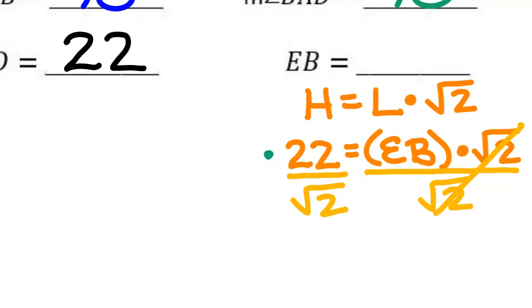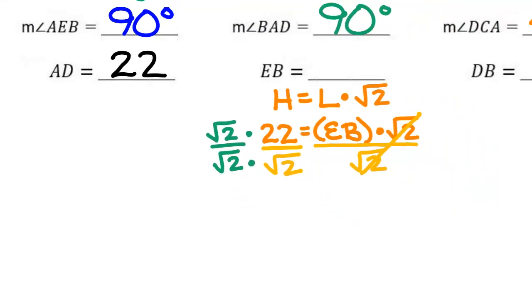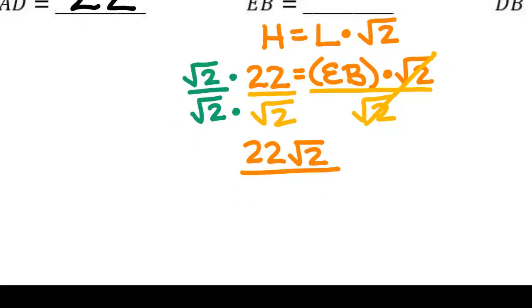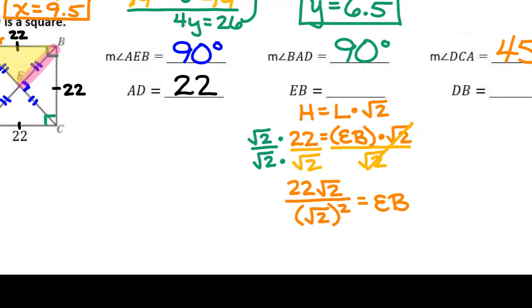No, so we have to multiply top and bottom by radical 2 over radical 2. So up in the numerator, that would give me 22 radical 2. Down in the denominator, we would have radical 2 squared equals EB.